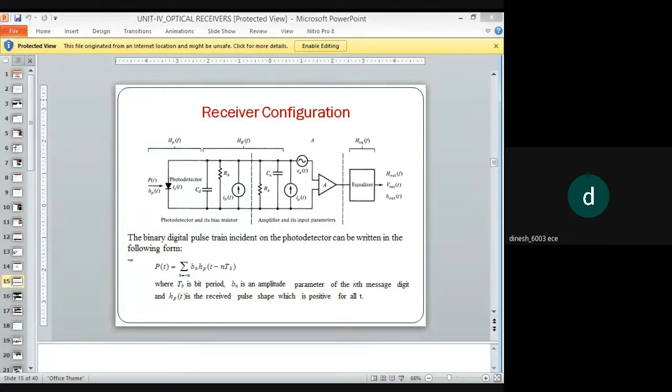So P0 of V is equal to the integral from V to infinity of P of y at 0 dy, which is the probability that the equalizer output voltage exceeds V.